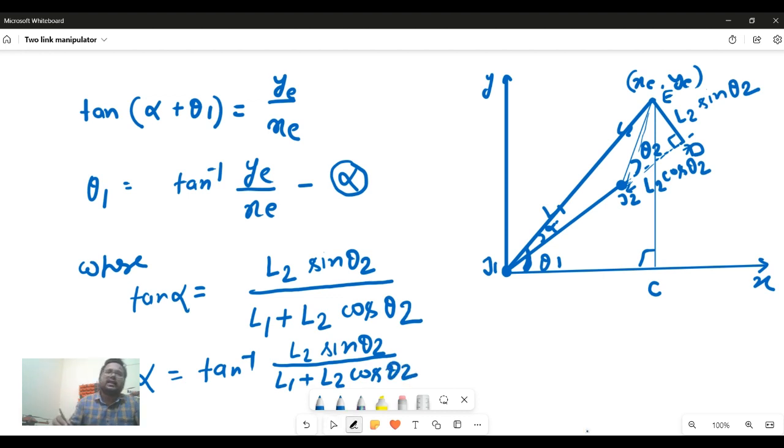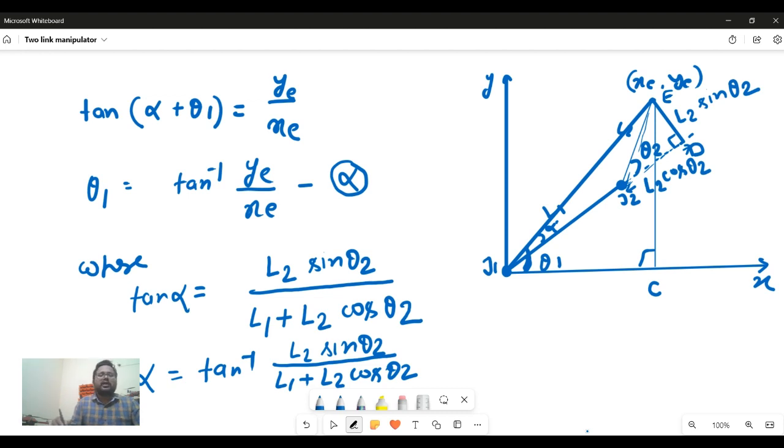Now everything is in this expression. See, ye and xe are given, we are planning to find the value of theta 1 for given ye and xe. So these are variables ye and xe. L1 and L2 are constants. We have already derived an expression for theta 2, so it can be calculated.